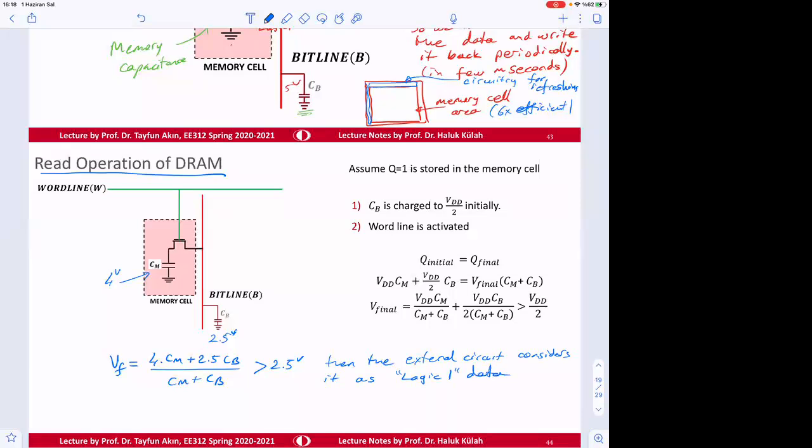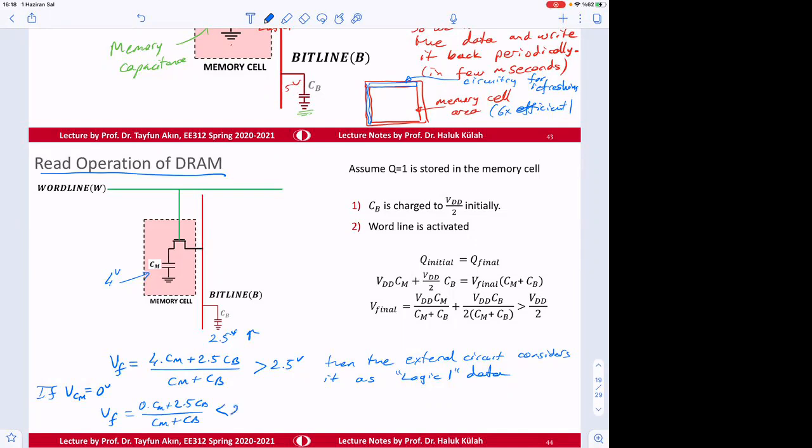And then there are some sense amplifiers that also sense and increase this node to a larger voltage. If VCM was 0, then the final would be 0 times Cm plus 2.5 Cb divided by Cm plus Cb.